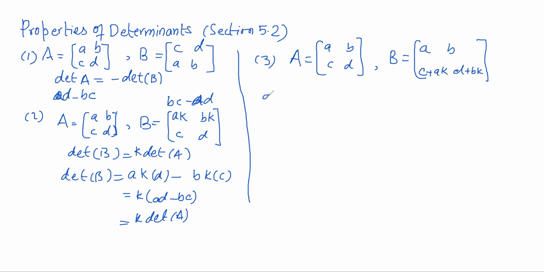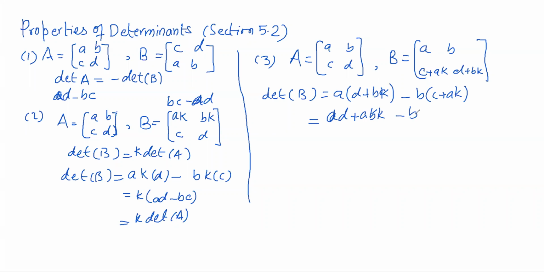We know that the determinant of A is AD minus BC. Determinant of B will be, in this case, A into D plus BK, minus B into C plus AK. So what is this? AD plus ABK, and then minus BC minus ABK.